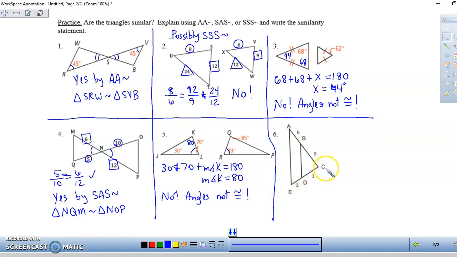Okay, last one. So this one's a really tough one. I'm going to highlight the triangles to make this a little more obvious. So I have the smaller triangle here. Notice I have side lengths of 3 and 9. Those go with the smaller triangle. Now I also have this bigger triangle.